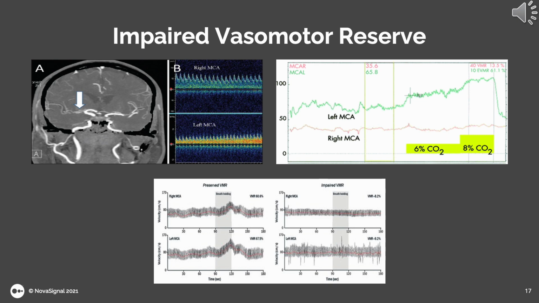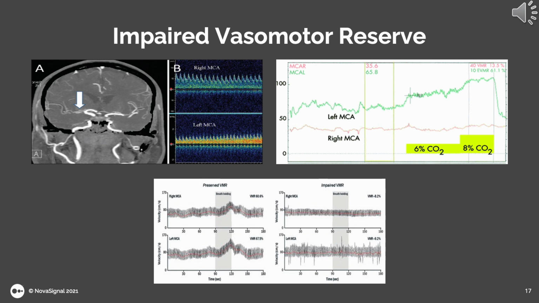The image in the upper right shows that same outcome, but also shows how increasing the CO2 percent elicits a change in the healthy vessel, the left MCA, but the jump from 6% CO2 to 8% CO2 had no effect on the impaired vessel, the right MCA. It's worth noting that higher CO2 percent can elicit a faster and more intense hypercapnia response in healthy vessels.